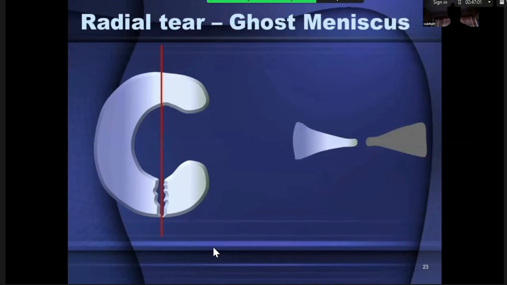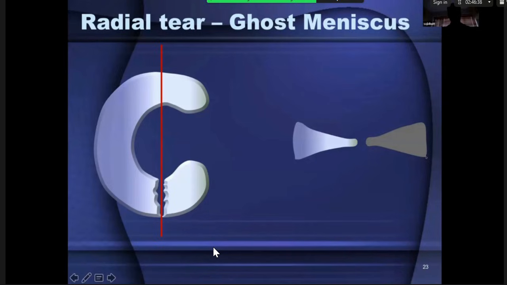How do they look? Depending on exactly where they are and on which sequence we are looking at them, you can imagine that if you have a radial tear in the posterior horn going like that, and if you image them in the sagittal plane, the anterior horn you would be able to see, but the posterior horn, we won't be able to see anything there at all.